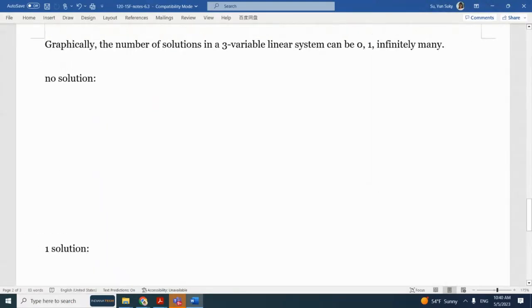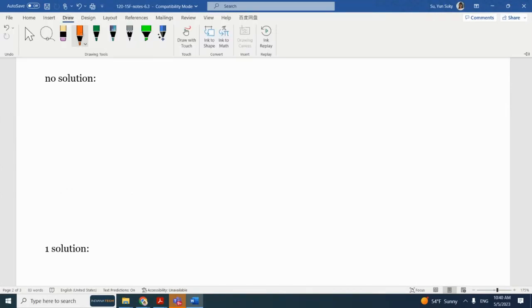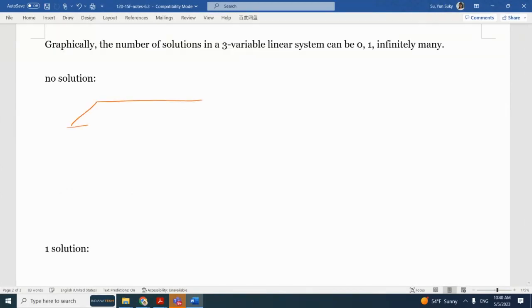No solution. Okay, can we draw a picture of no solution? Do you know that a linear equation in 3 variables is a plane in R3?